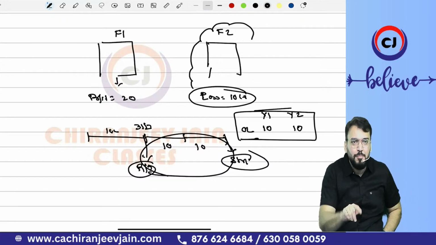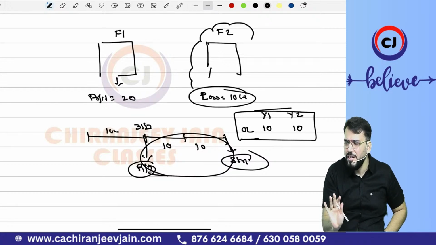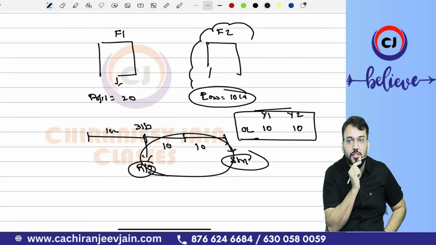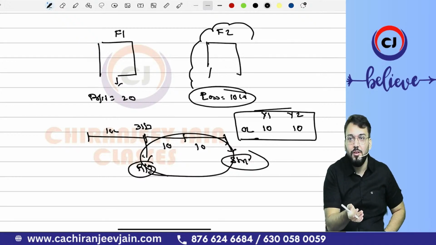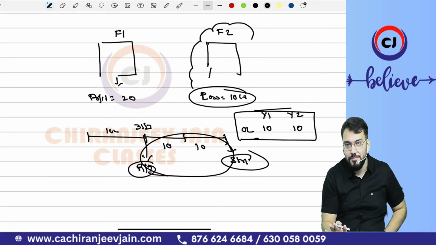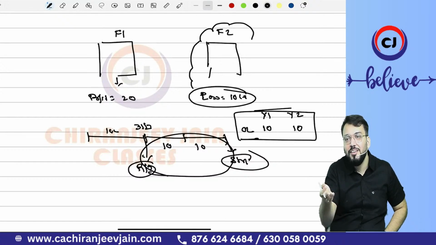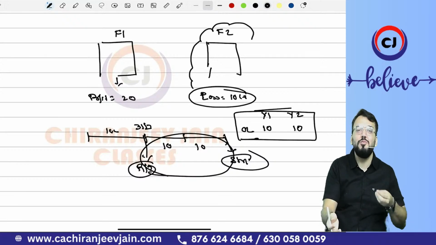Have you understood the example? I hope you have understood the example. So should we create a provision of 20 crore on 31st March? How many are saying no? How many are saying yes? So no is correct. But why no? It is based on future business, future operating loss.